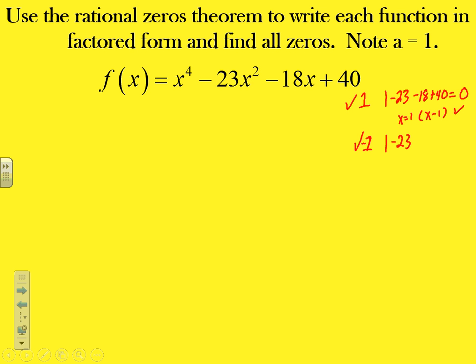X to the first is an odd numbered power, so I'm going to change that negative 18 to a positive 18, and the 40 is still just 40. When we add those together, that gives us a 36. So that means x will not equal negative 1, and the factor x plus 1 will not be a factor of the fourth degree polynomial.